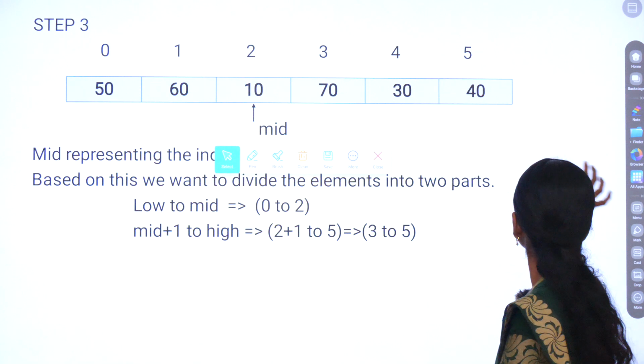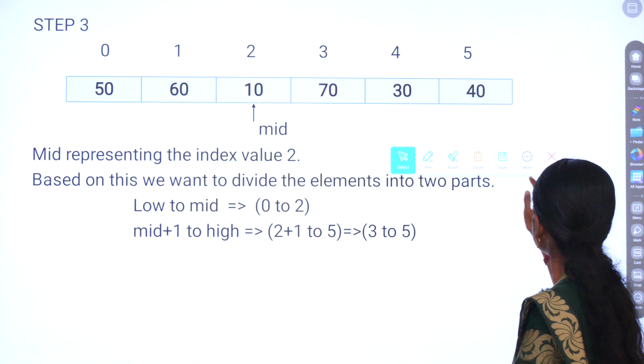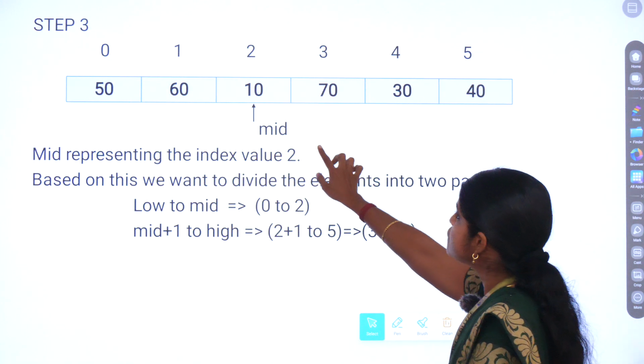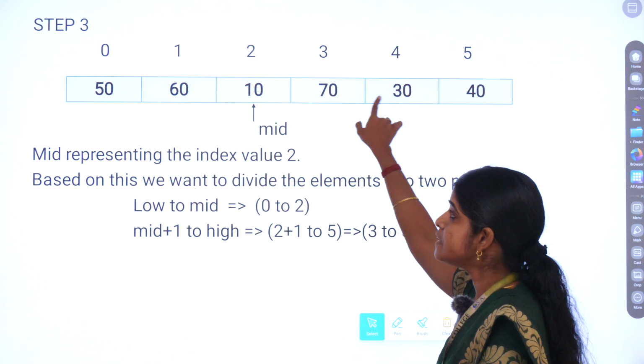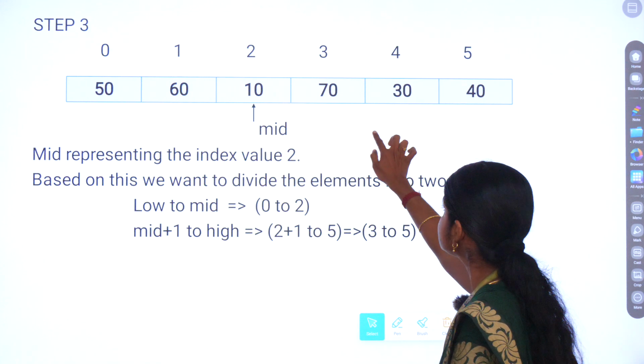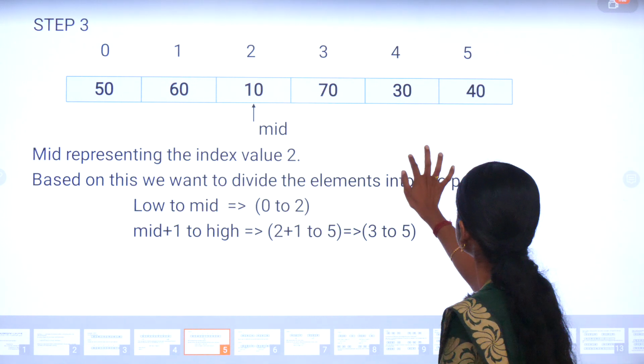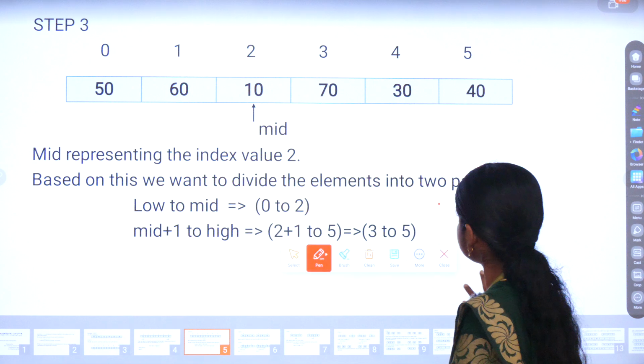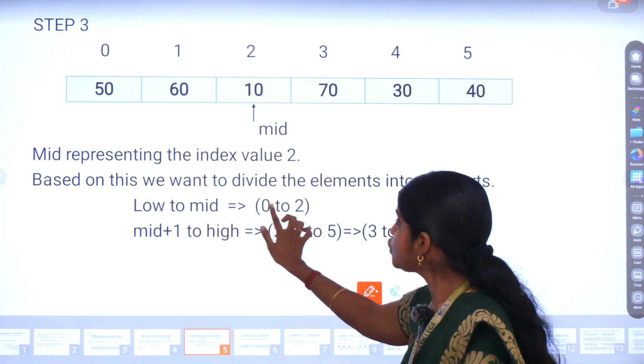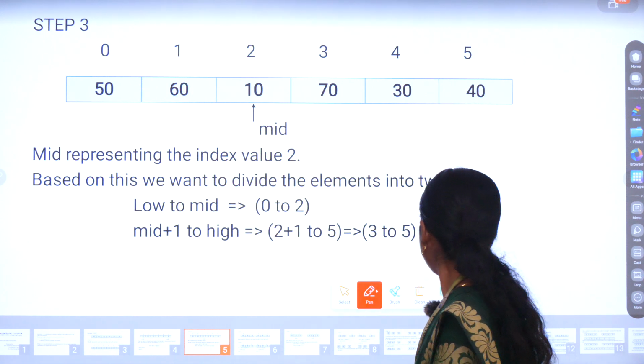So we want to divide these elements into two subparts, one from low to mid and another from mid plus 1 to high.